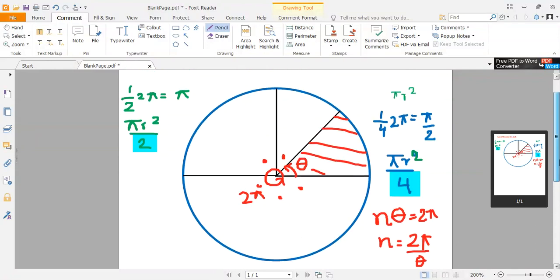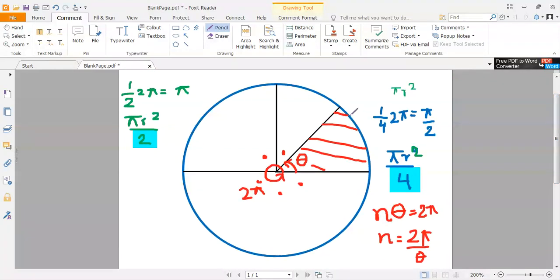Initially, when I was talking about 1/4 of the circle, I determined that it will be 1/4 of the entire circle. When I was talking about a semicircle, I determined that it will be half of the entire circle.